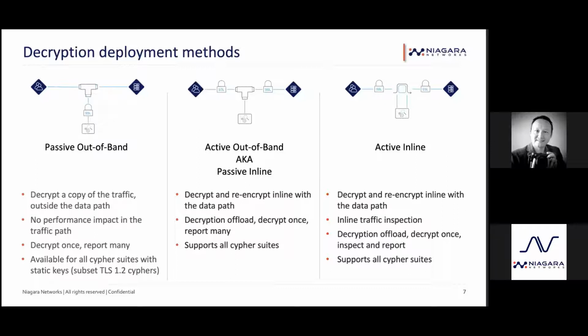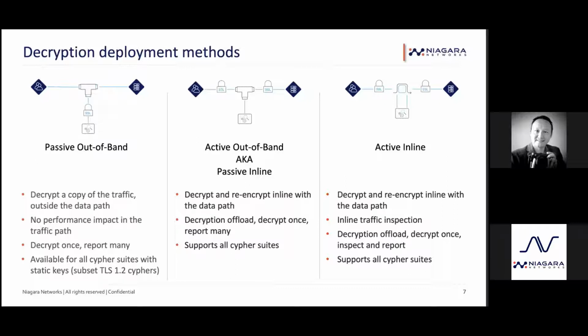Important for both of these deployments is that we support all cipher suites. So all TLS 1.3, all the ephemeral keys in TLS 1.2 are supported. And important to mention is that it can be used as a decryption offload.